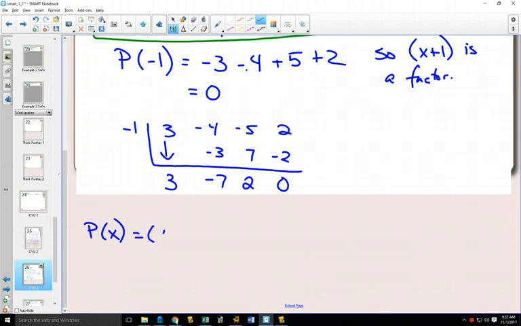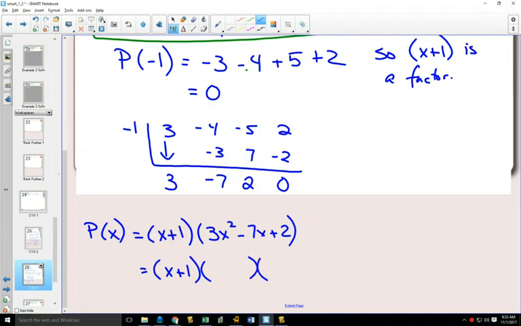We found out that x plus 1 is a factor, and that's what we used in our synthetic division, and our quotient is 3x squared minus 7x plus 2. Because the thing that we got is a quadratic, and you already know how to factor quadratics, we can just finish factoring completely by factoring 3x squared minus 7x plus 2.